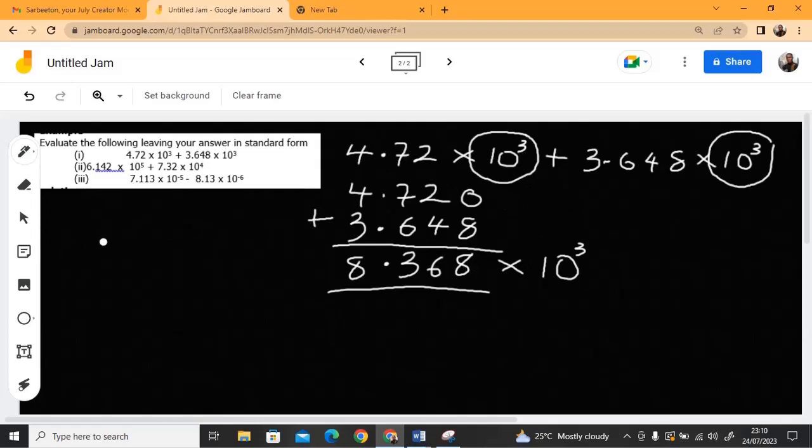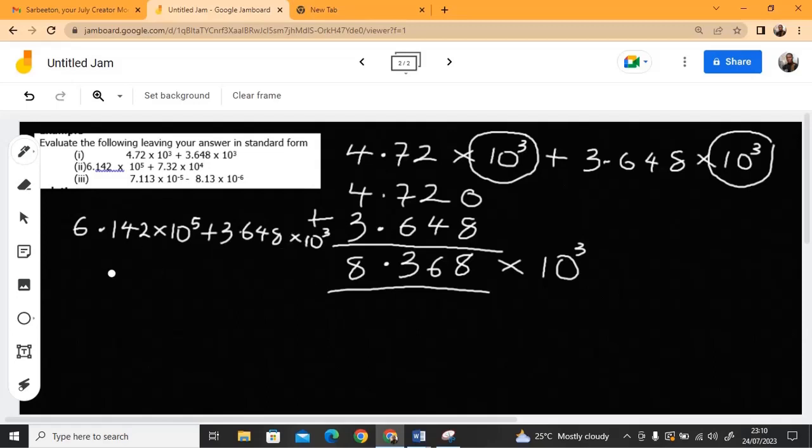Now look at the second one. You have 6.142 times 10 raised to the power of 5 plus 3.648 times 10 raised to the power of 3.